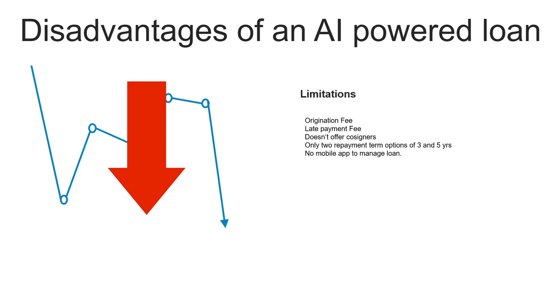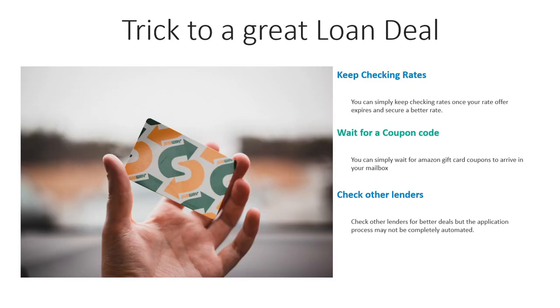Now let's go to the last section, on the tricks to securing a great loan deal from Upstart. So the first is to keep checking rates. If we apply for an Upstart loan, they may quote us a higher rate.